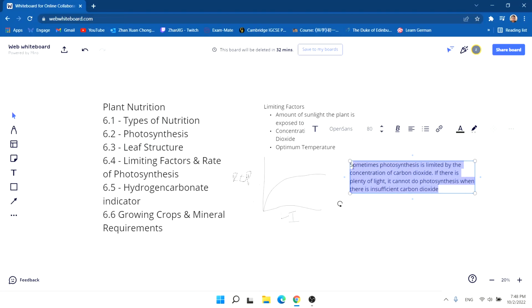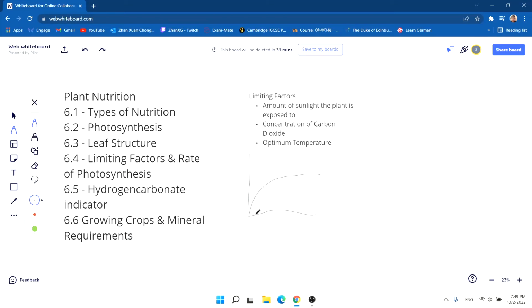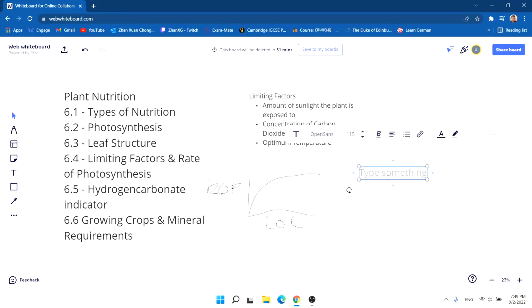All right, next one, it's carbon dioxide concentration. For this case right now, it's the same type of graph, but a bit lower this time. What is different right now is that this will be the carbon dioxide concentration, CO2 conc. Again, rate of photosynthesis is still there. So what does this mean?